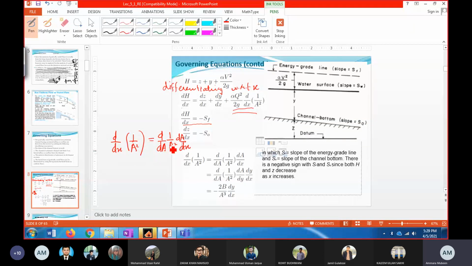Taking the derivative of this term with respect to A, you'll get minus 2 over A cube, and then dA over dx.